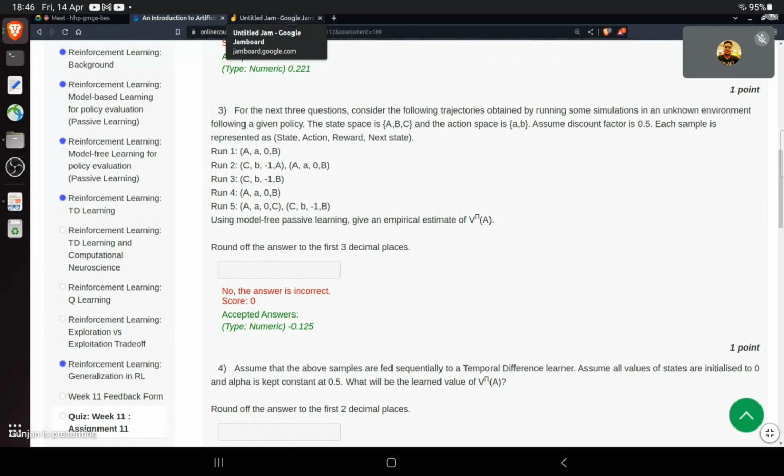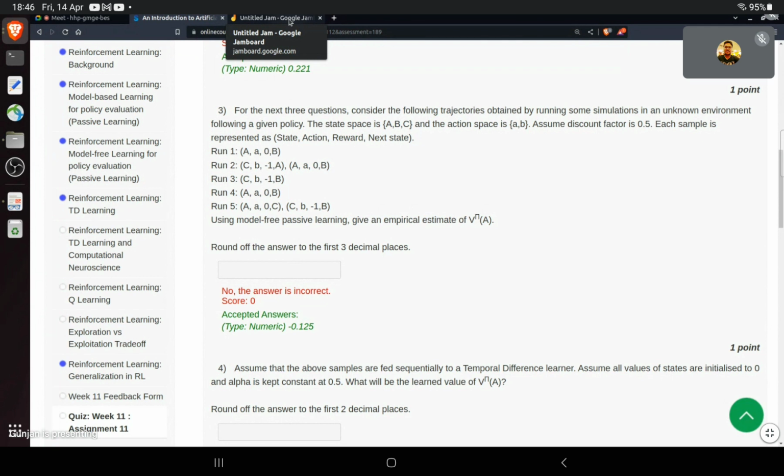For example, the probability of going to C from A is 1 by 4, because 3 times you go to B and 1 time you go to C. And then I use this to express V pi of A, V pi of B and V pi of C. I know V pi of B is 0, because the immediate reward is 0, and you are not transitioning to another state anyway. So I said V pi of B is 0.